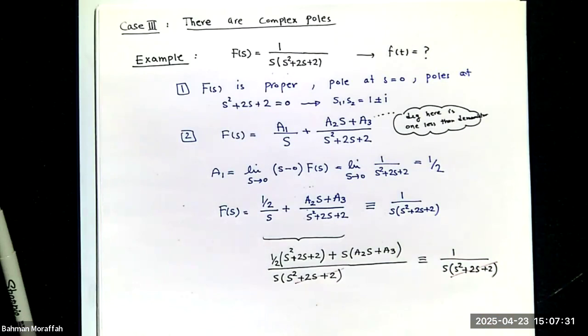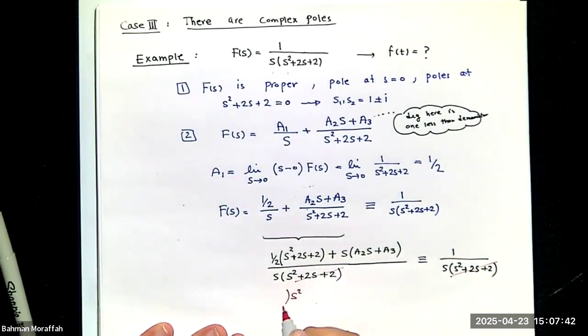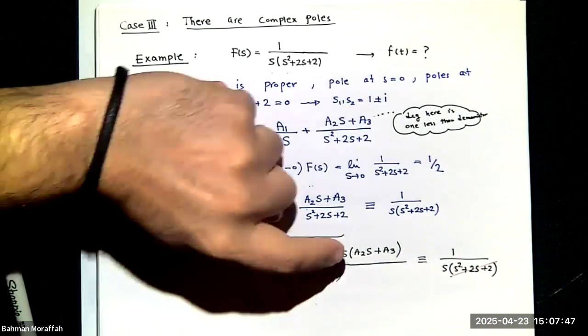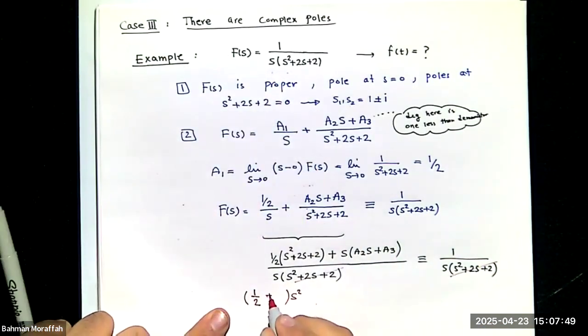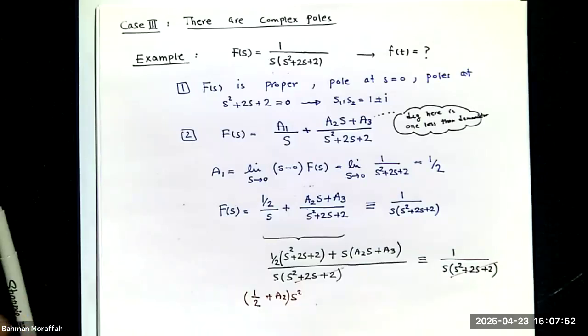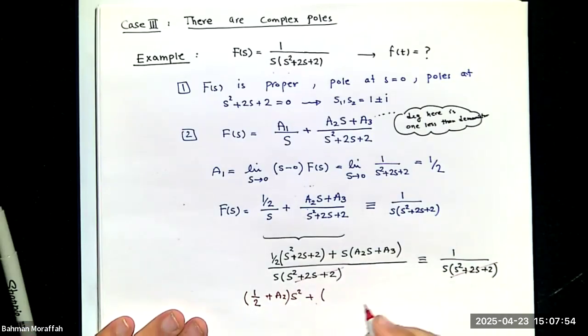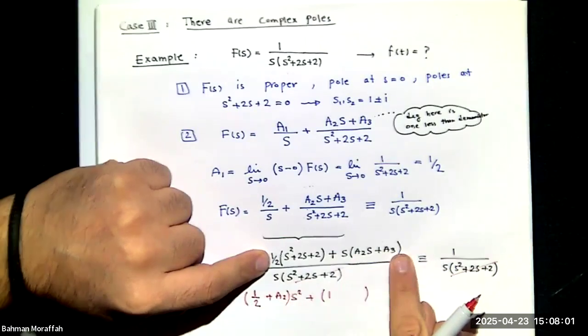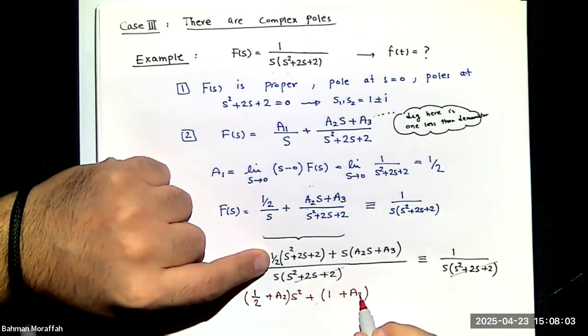Let's group them together: all the coefficients for s squared, all the coefficients for s, and all the constants. For s squared, I have one half over here, plus A2. I got nothing else. For s, I have this coefficient, which is 1, and I also have A3 s, plus A3.